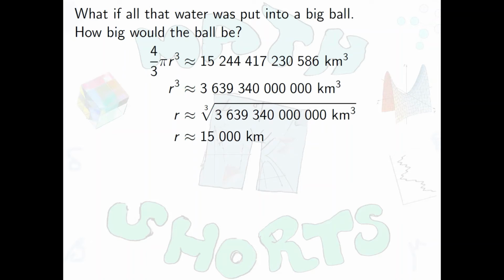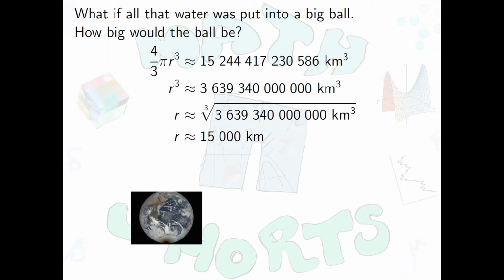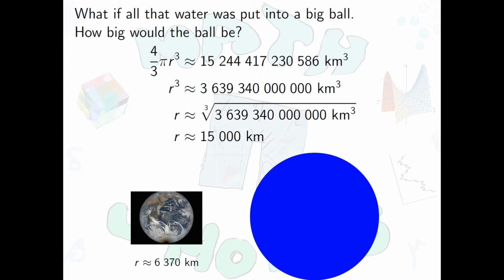Now that's pretty big. So what's something else that's really big that might compare to it? How about planet Earth? Planet Earth has a radius of about 6,000 kilometers. So our ball next to the Earth would look kind of like that. What that means is if the Earth was totally made of water, our ball would have more water in it.